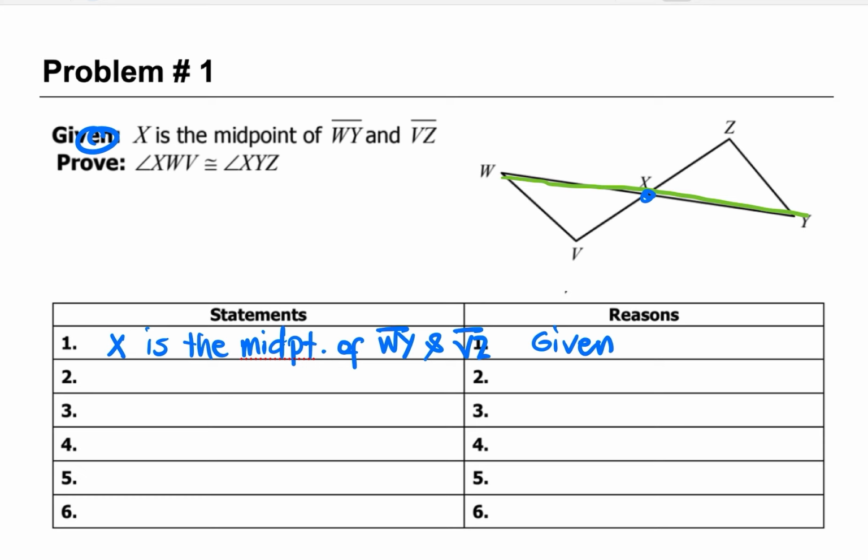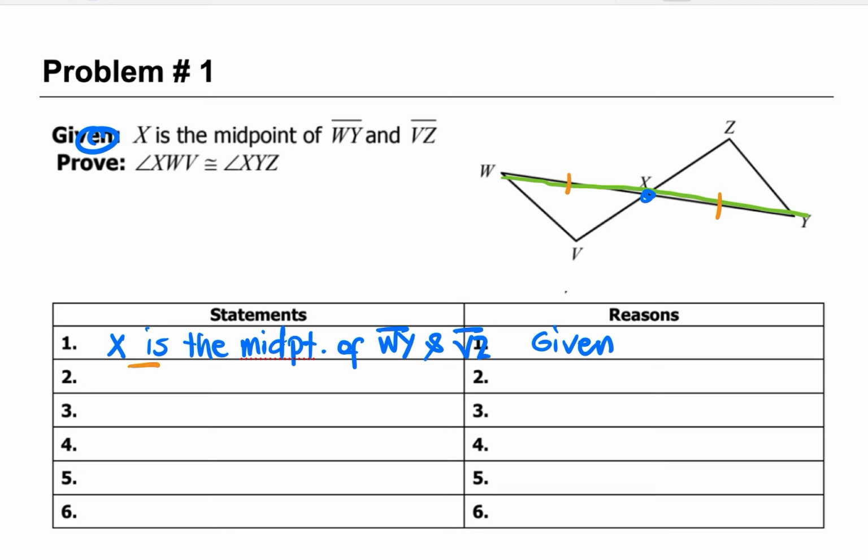So when we say that something is a midpoint of a segment, then it will follow that WX is congruent to XY. So that is actually our second statement. We derive this from the first statement.